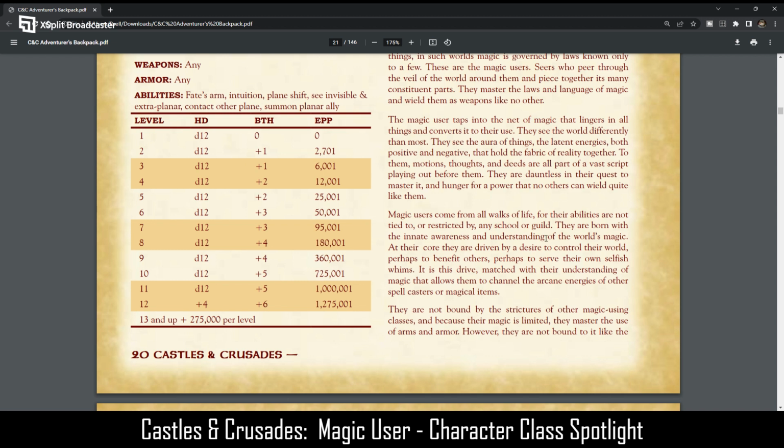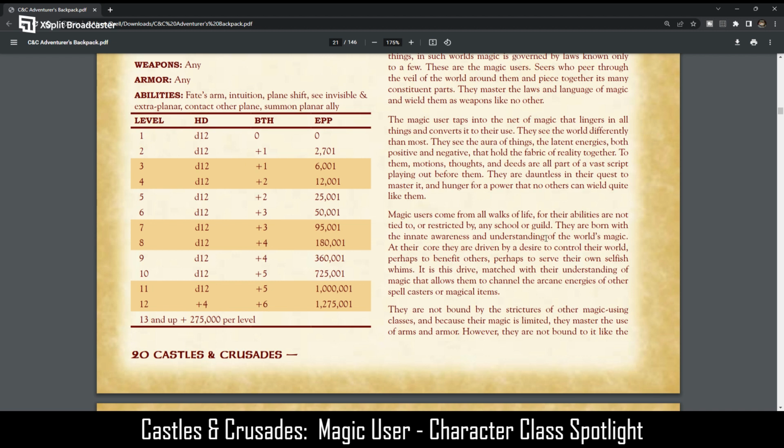They are dauntless in their quest to master it and hunger for a power that no others can wield quite like them. Magic users come from all walks of life, for their abilities are not tied to or restricted by any school or guild. They are born with the innate awareness and understanding of the world's magic.